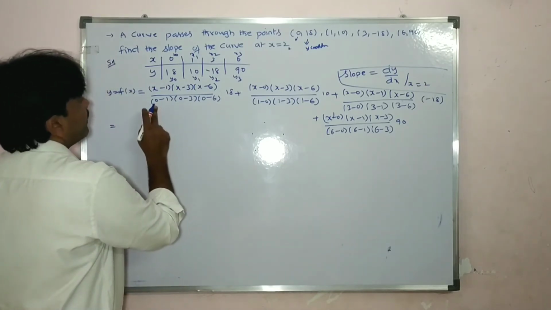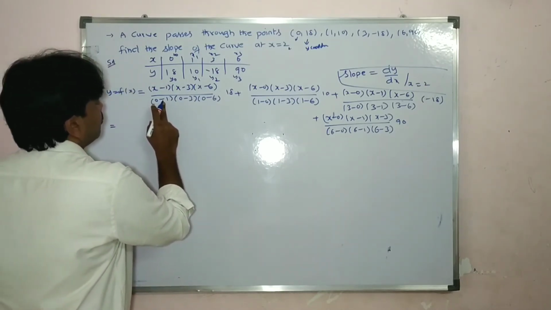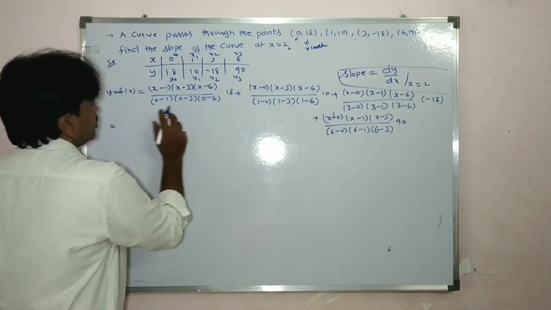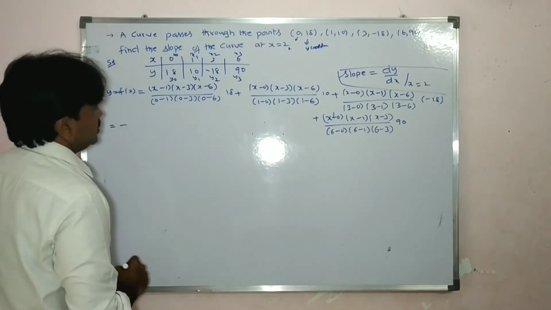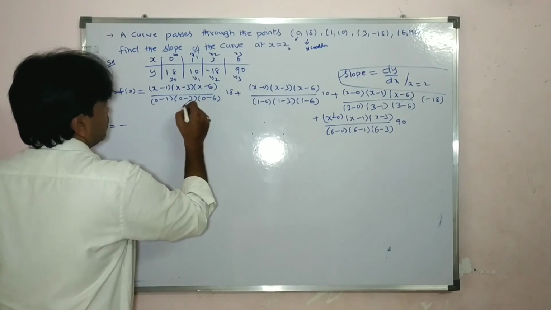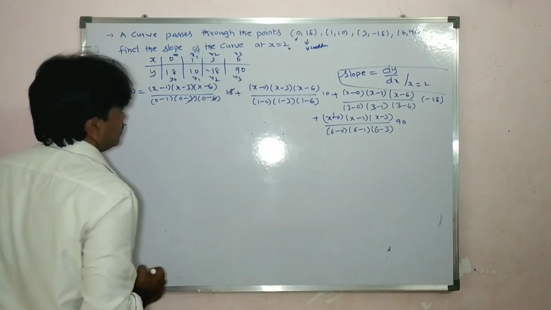See students, here minus into minus is plus, minus, that means finally we get minus here. So 3 sixes are 18, so 18 cancels.